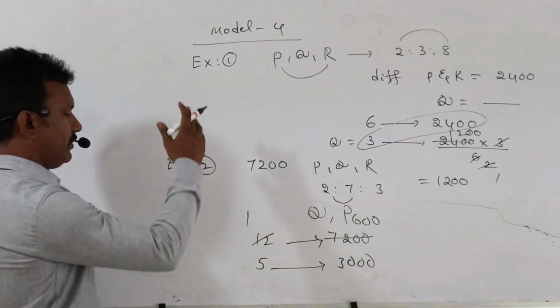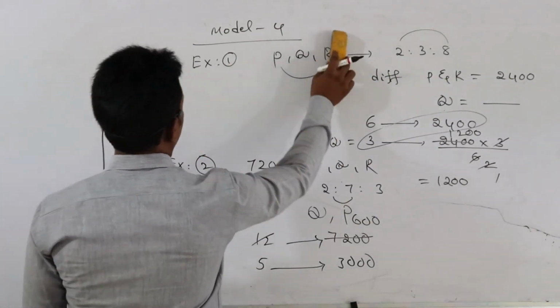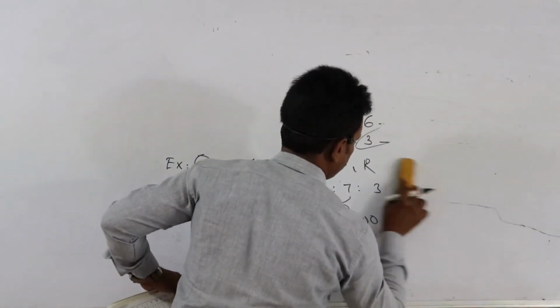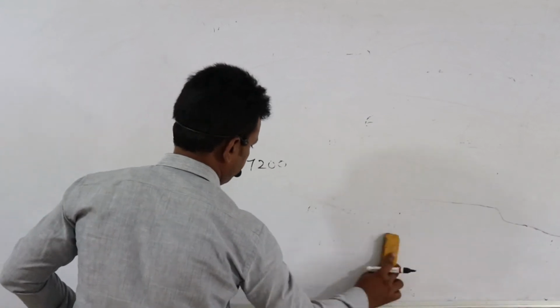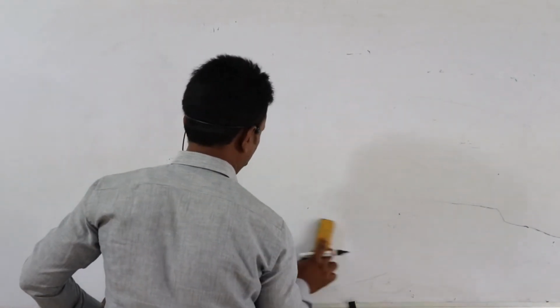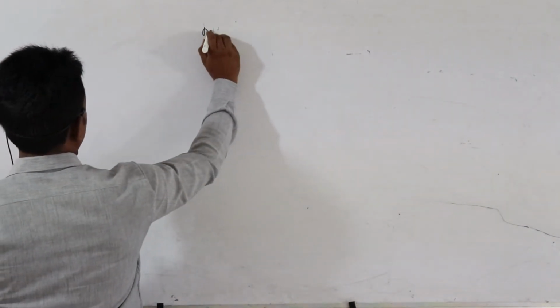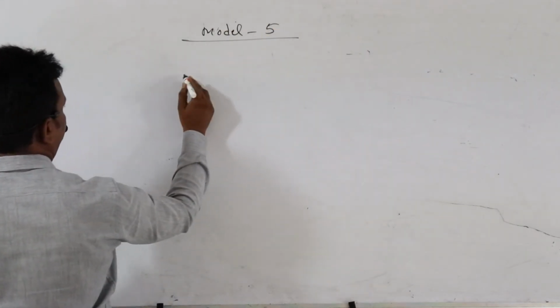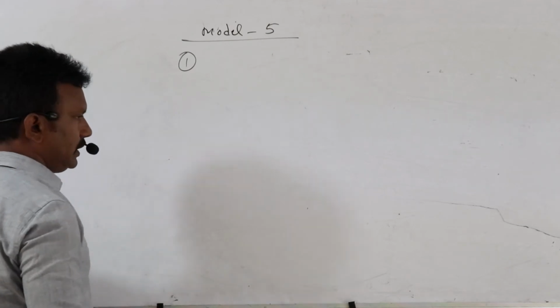So this is the model 4. Next we write the model 5. Model 5, first example.